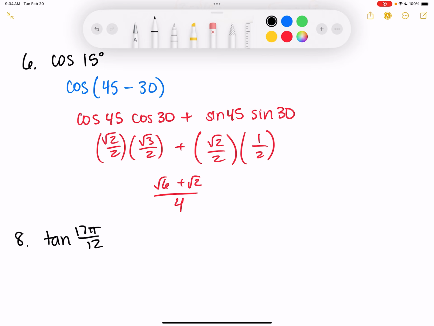It's not a whole number, it's a fraction, right? So, I want to pick two numbers to add together that give me 17 pi over 12. But they have to be known values from the unit circle.